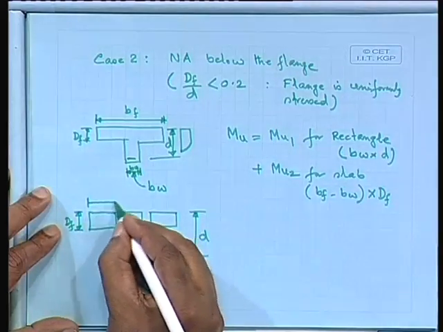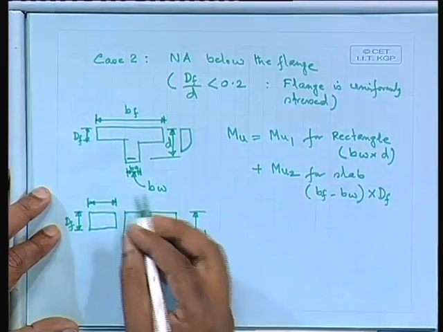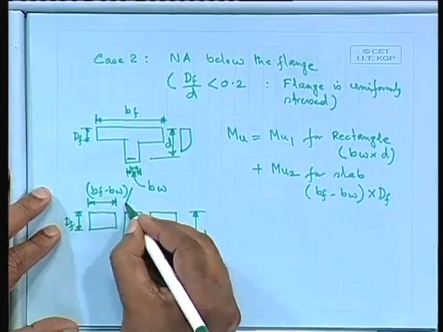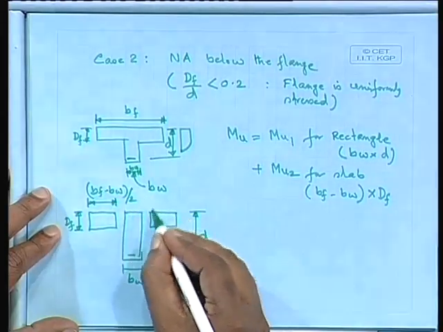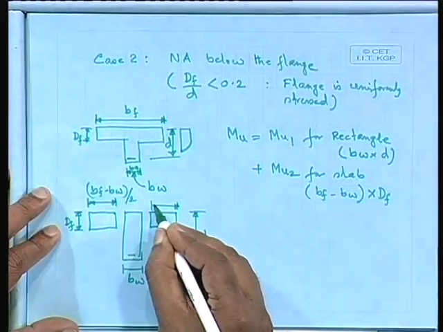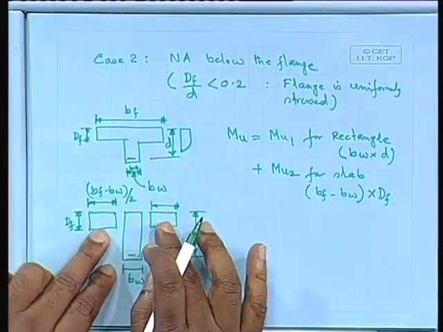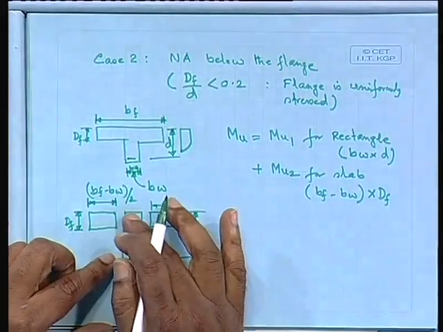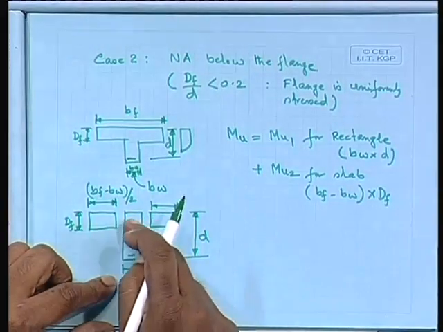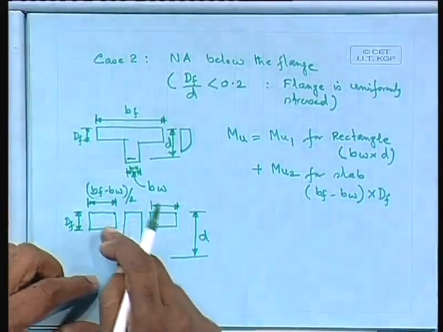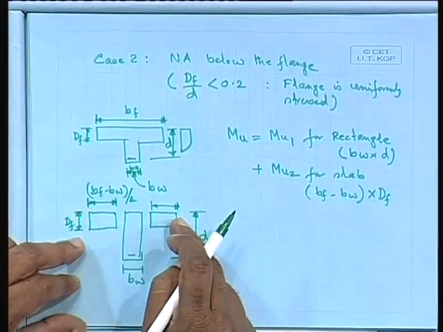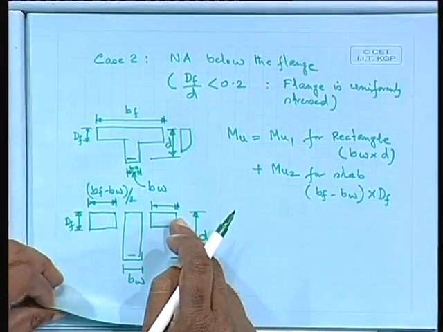If I take this portion, bf minus bw by 2, and similarly the other one also. So we are taking these two rectangular portions, so we have to find out the compressive force. We shall get it for the rectangular portion, and for the other two sides, the flange portion, we shall take it as uniformly stressed.